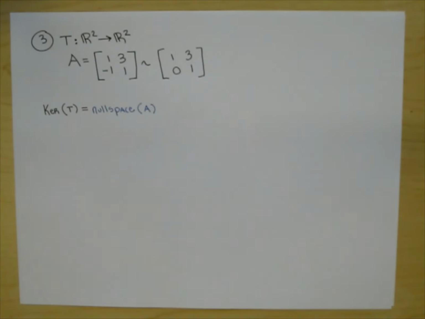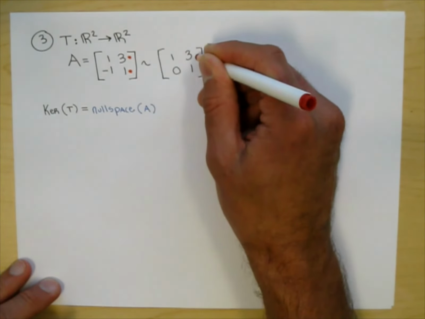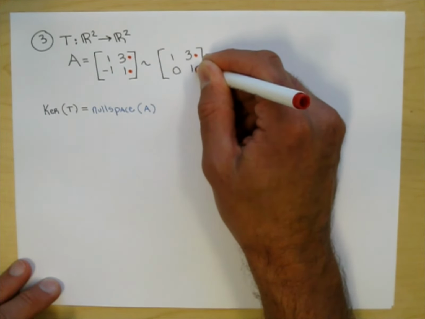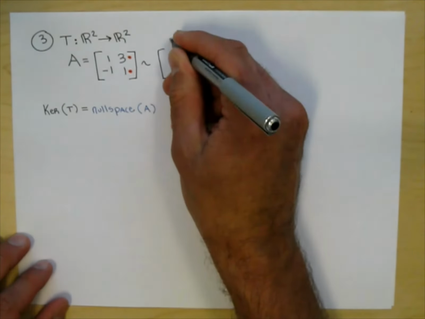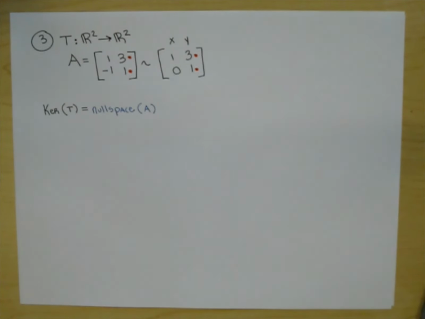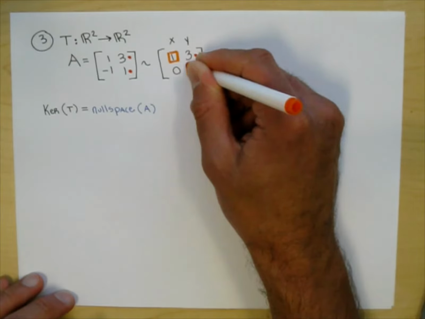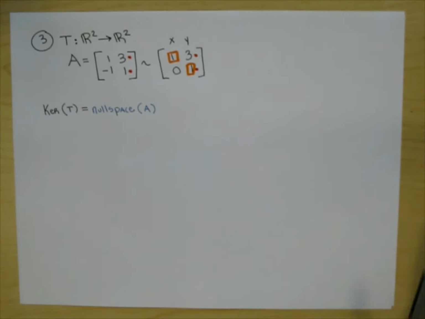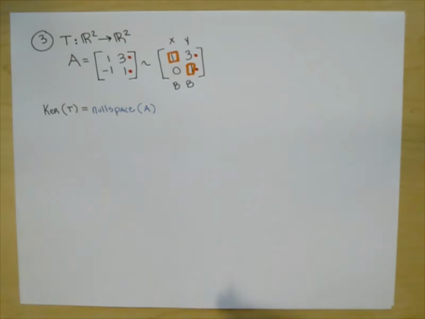The null space is when you solve the homogeneous linear system. So there's zeros there. This right here is X. This is Y. Look at your variables. Leading one there, leading one there. Your variables are both bound. Bound, bound.